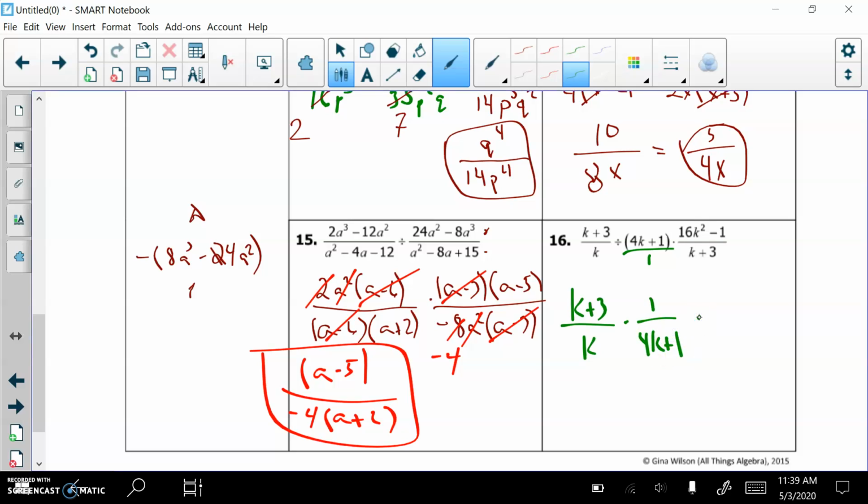And that stays times, but I can factor the numerator, 4K plus 1, 4K minus 1, all over K plus 3. So 4K plus 1, 4K plus 1, K plus 3, K plus 3, leaves me with 4K minus 1 over K.